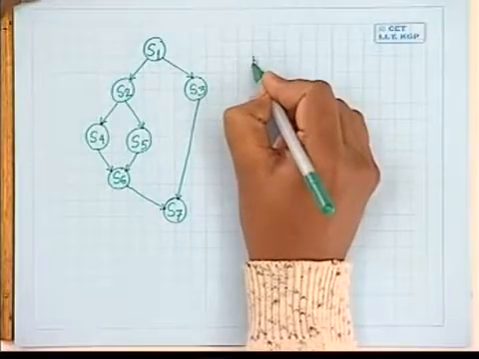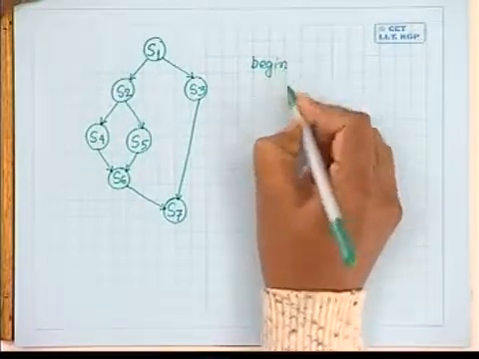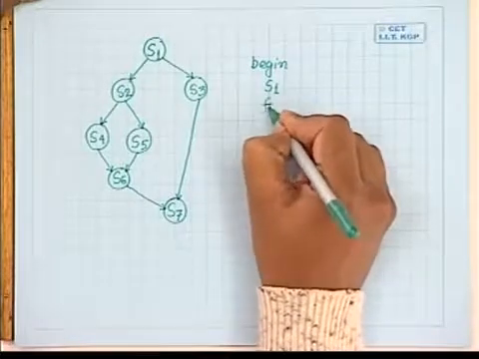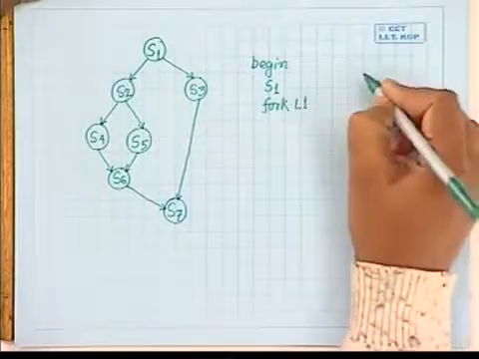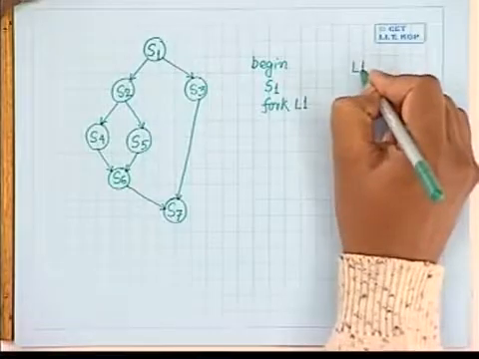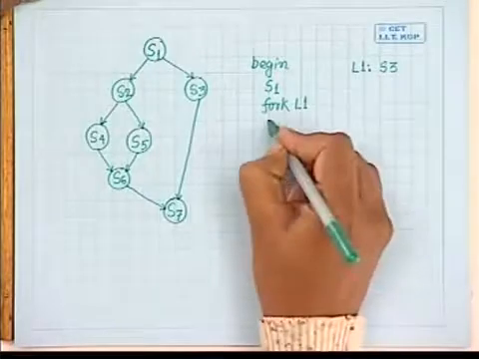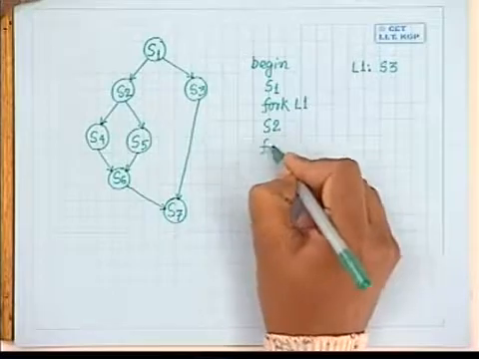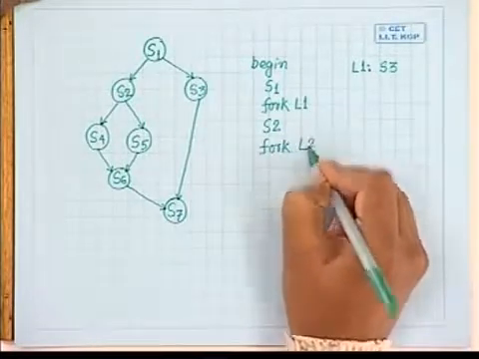I start with begin, then S1, then fork L1. At L1, I have statement S3. Then I have S2, then fork L2.